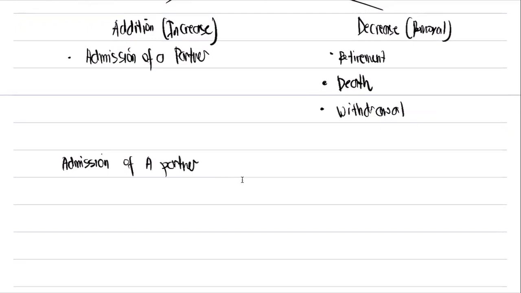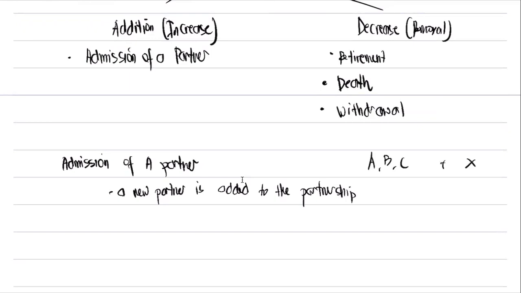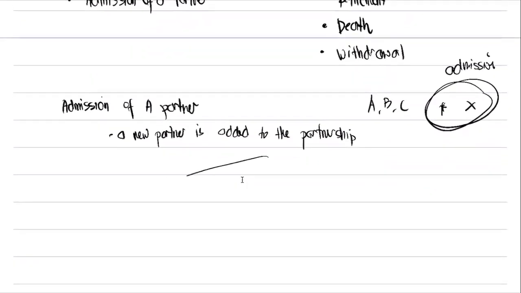Okay. So in an admission, a new partner is added to the partnership. So for example, we have partners A, B, and C. You add X. You add X. So this plus X is known as your admission. Okay. So this admission, we have two types.